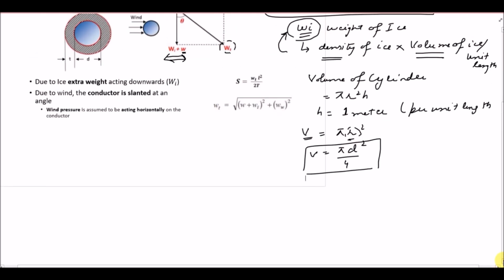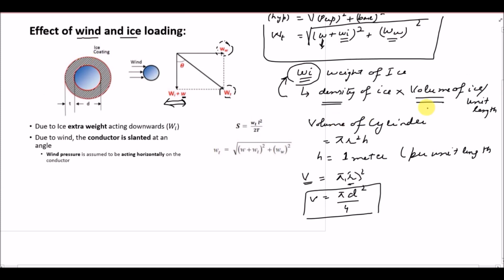Now if I have to find the volume of ice, because in the formula we have to calculate the volume of ice, we first have to calculate the total volume, and then subtract the volume of conductor from it, right?